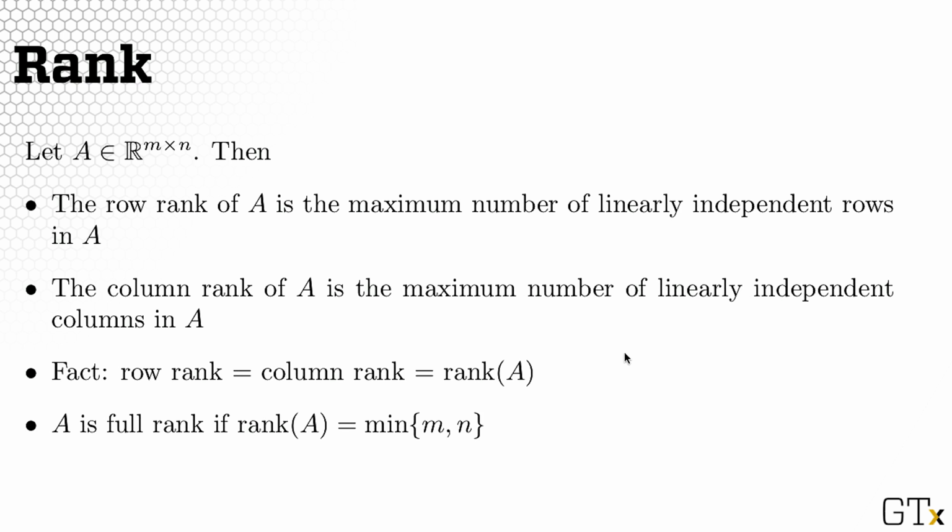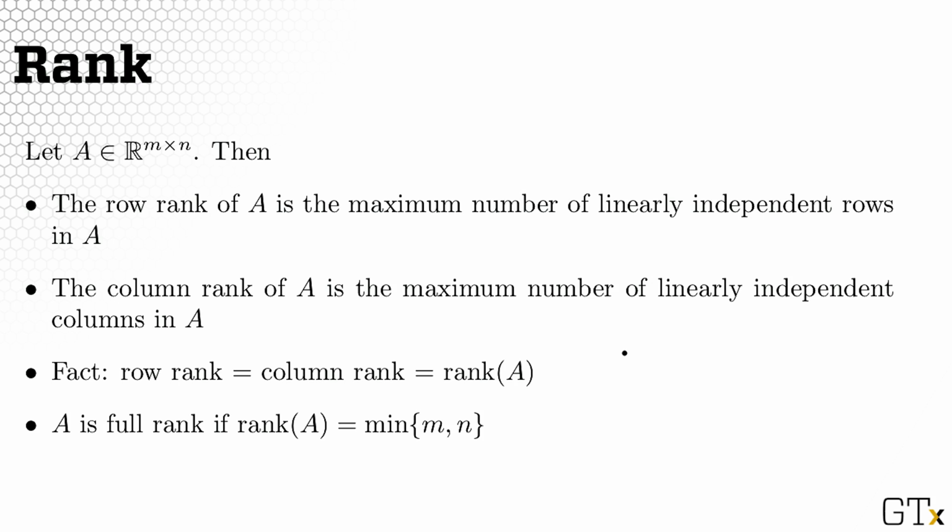Okay. So let's talk about the rank of a matrix. So I have an m by n matrix. The row rank of A is the maximum number of linearly independent rows. Remember that you can think of a matrix as a collection of row vectors. These row vectors may or may not all be linearly independent, but what is the maximum number of linearly independent vectors in that set?